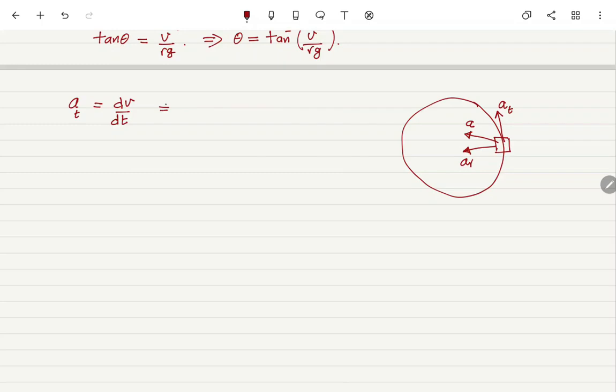In this case, A radial is equal to V square over R.